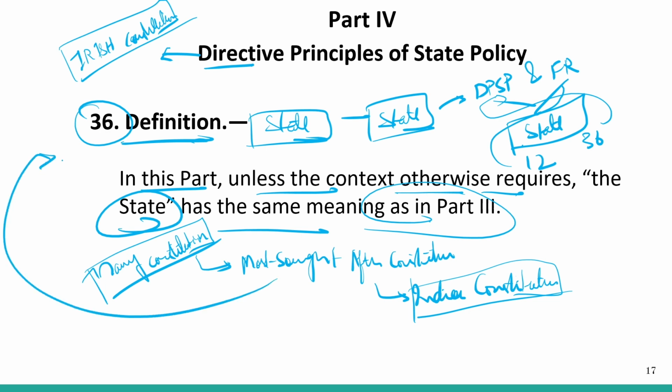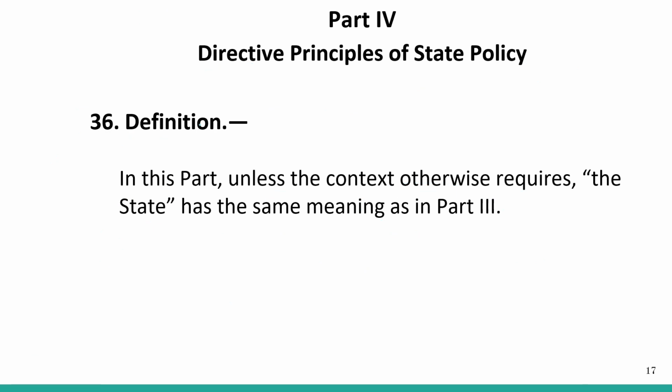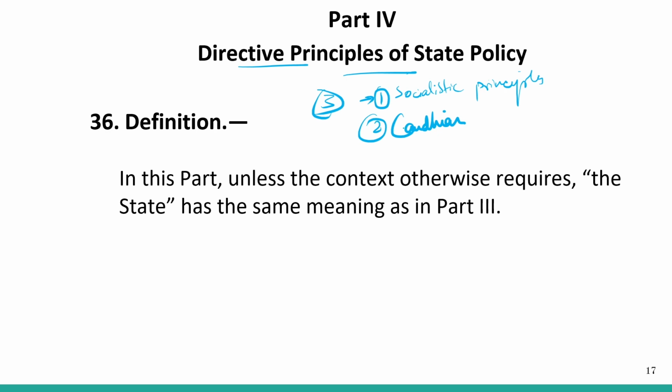When we talk about the directive principles of state policy, there is one more thing we need to remember: they can further be classified into 3 major groups. The first being socialistic principles. The second being Gandhian principles.